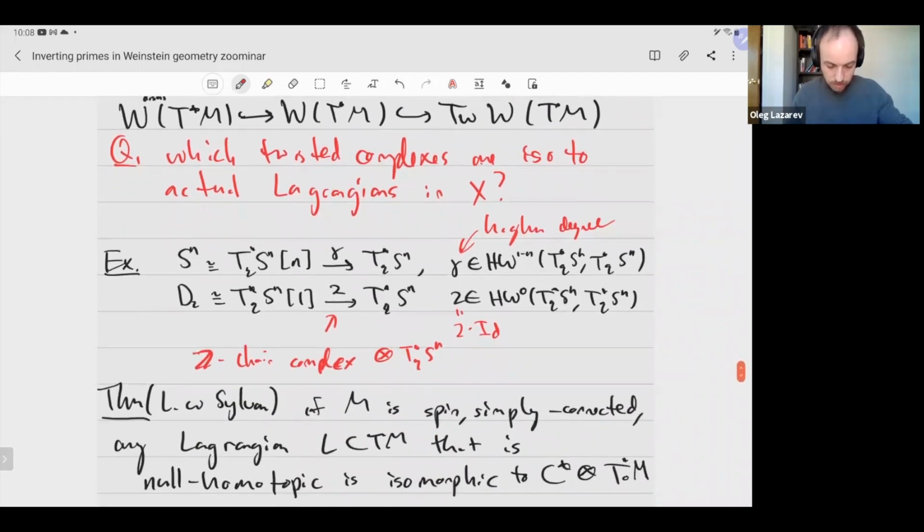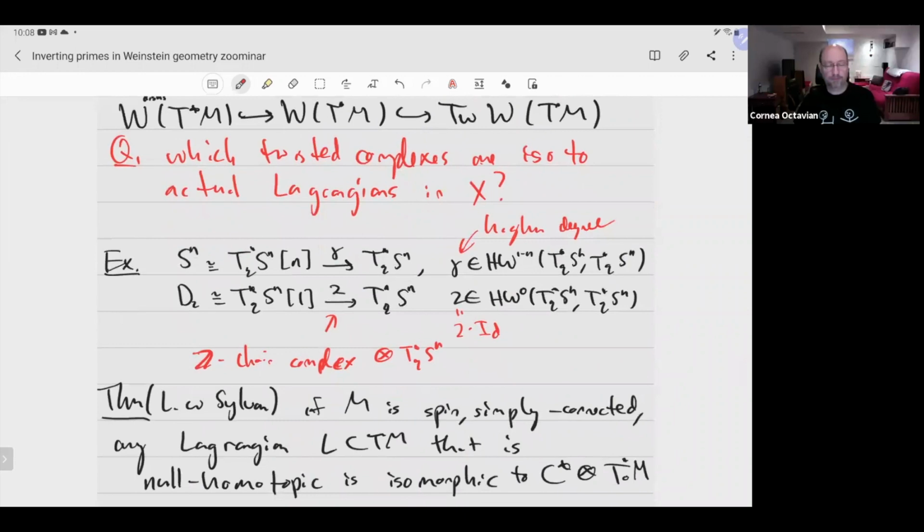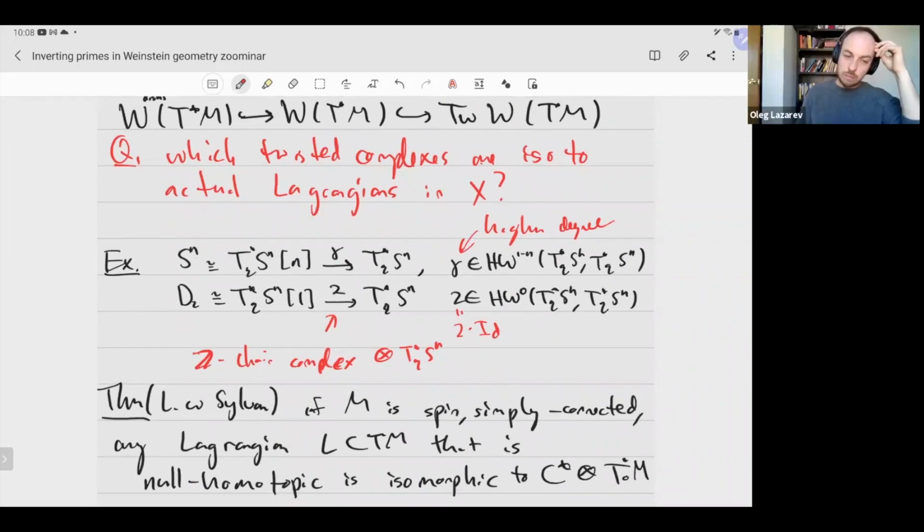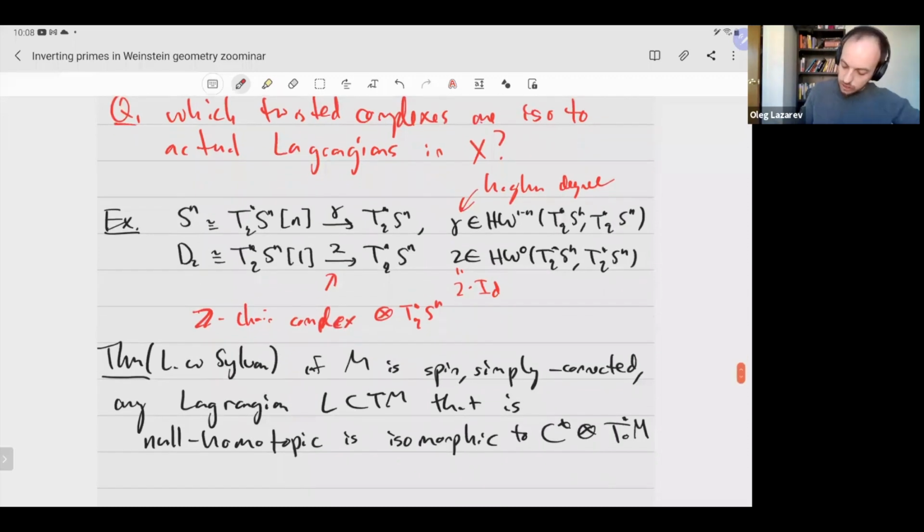And so I want to mention this theorem with Sullivan again, which is that if M is spin simply connected, then any Lagrangian in T star M that is null homotopic is actually isomorphic to just a Z chain complex tensor one of these cotangent fibers.